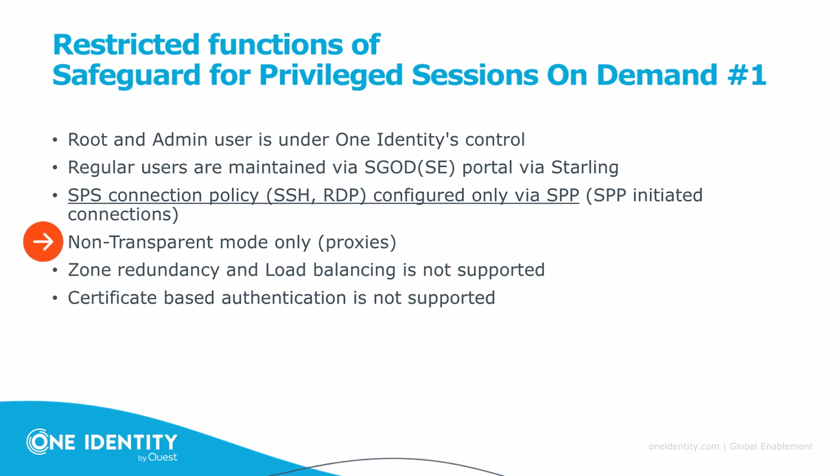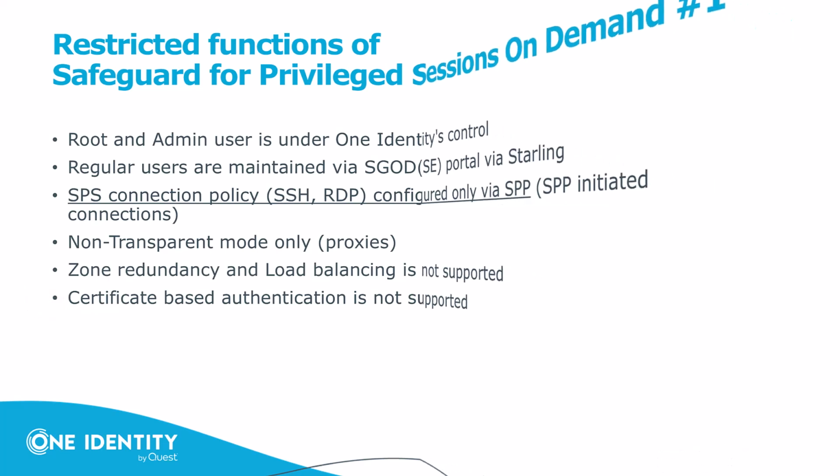Therefore, the device itself is in non-transparent mode. That means that you connect to the SPS interface, not the real target server. And more, zone redundancy and load balancing are not supported currently, and in a similar way as SPP, certificate-based user authentication is currently not supported.